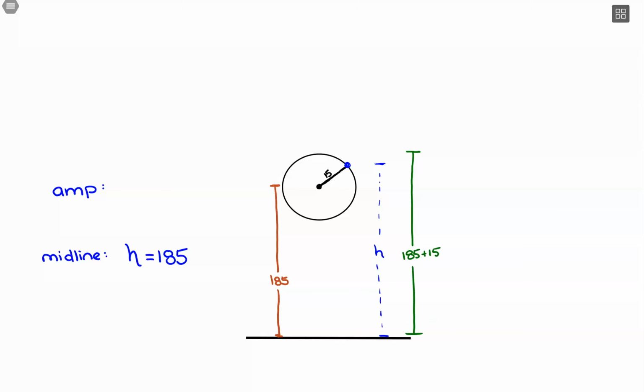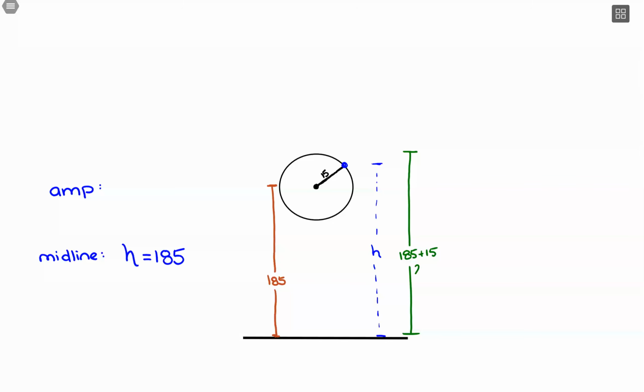So with that, let's see, what does that end up being? 200. And then our minimum height would be the subtraction of that, because we would have our total 185, but then I'd want to take out the radius of the circle, which should be 170.